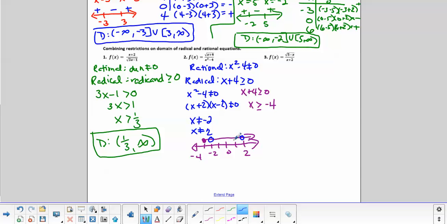And so if we were going to write this in interval notation, we would say domain starts at negative 4, it goes up to negative 2, but you don't want to include it because x cannot equal negative 2. So use a parenthesis. Then pick up right after negative 2 again, so another parenthesis, and go to positive 2. And then pick up right after 2 and go to infinity.